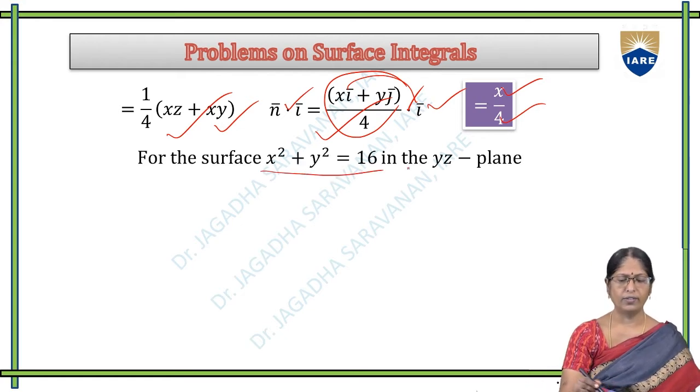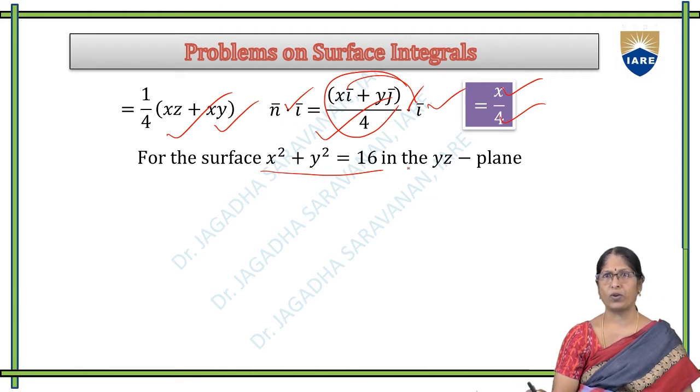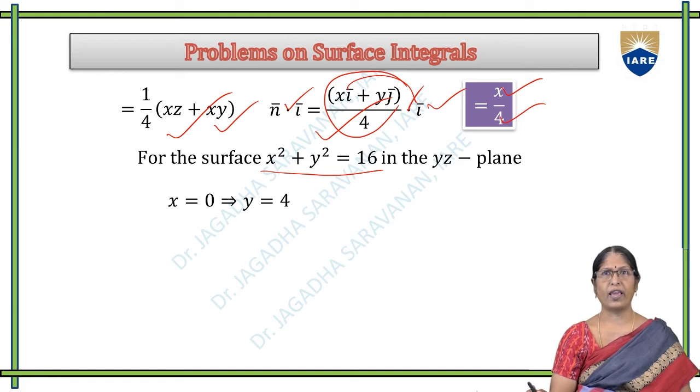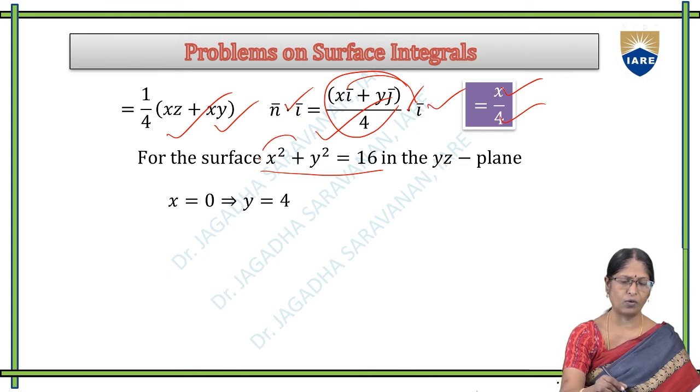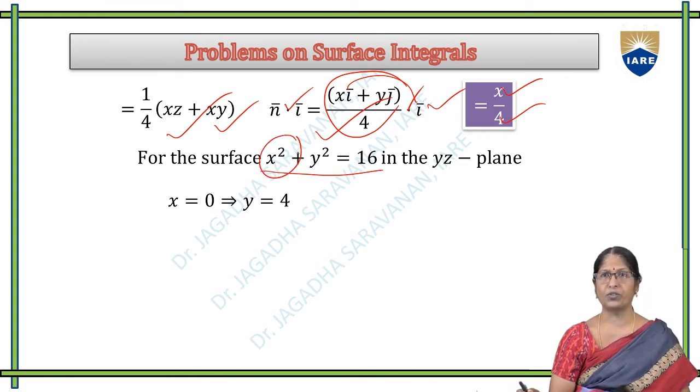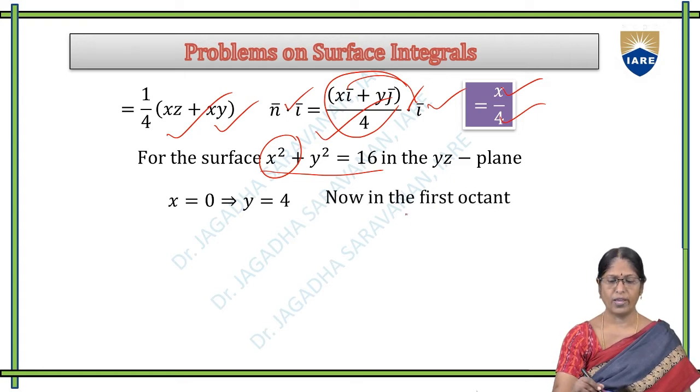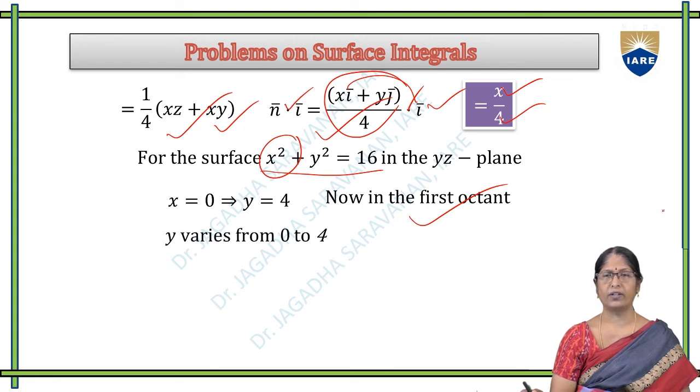Now, this is our x square plus y square equal to 16 in the YZ plane. Now we are taking x equal to 0, which implies y equal to 4. That is, in the place of x we are substituting 0, so we obtained the value y equal to 4. Now in the first octant, y varies from 0 to 4.